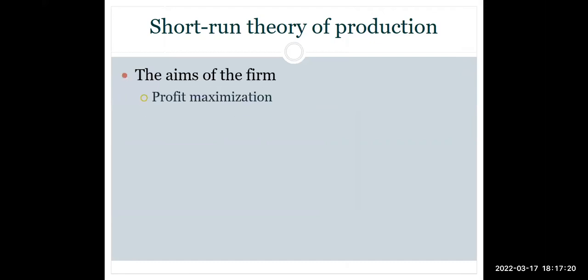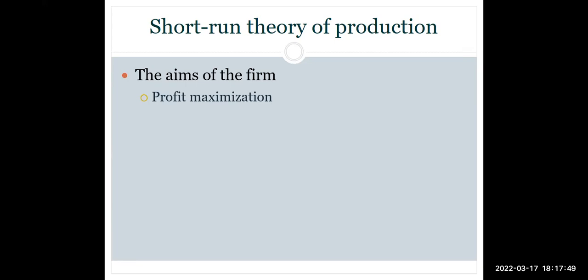Now, what is the aim of the firm? Say, for example, what was the aim of a consumer? The aim of the consumer was utility maximization. When you buy clothes, food, or anything from the market, what do you want to achieve from that? You want to get utility from those products and you want to maximize your utility.